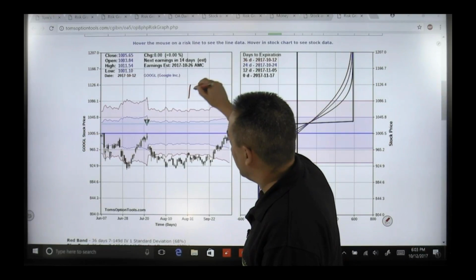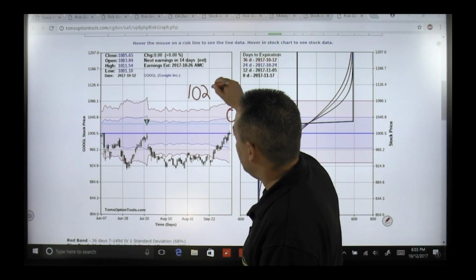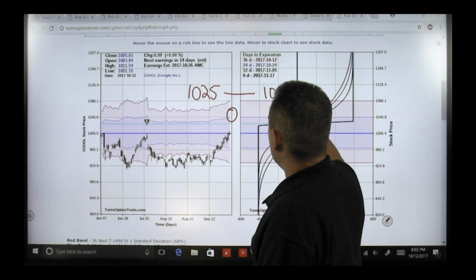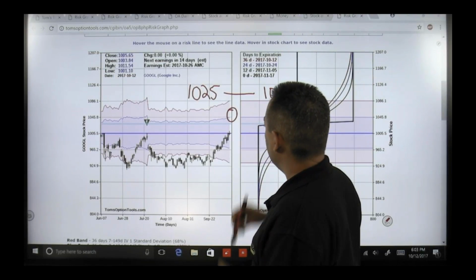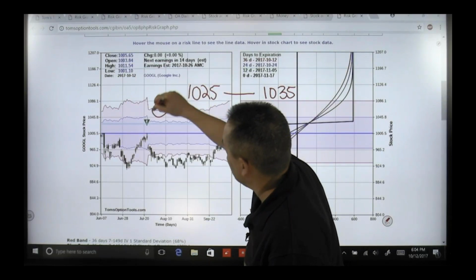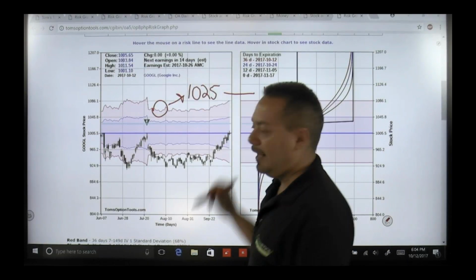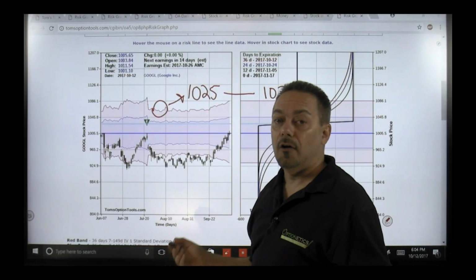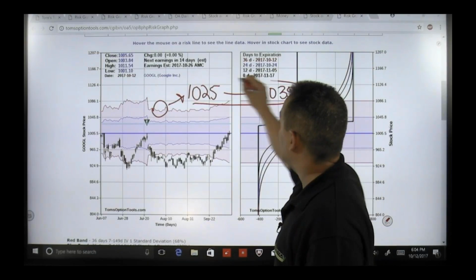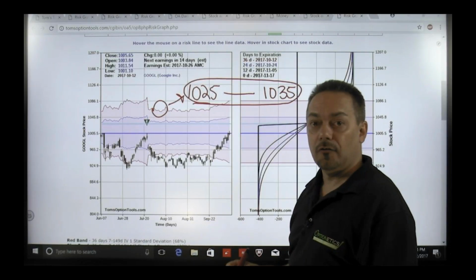If we're above 1035, then think about this. You've got two strikes you have to worry about. 1025, that's what you're long. 1035, that's what you're short. All right. If before earnings you're below 1025, it's best to get out, because you know what's going to happen. Both of these are going to drop in time premium once the earnings are announced.